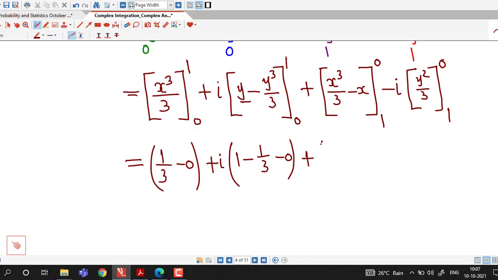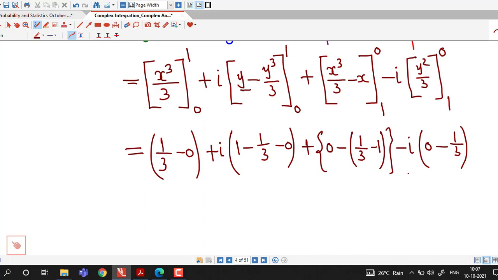Plus in this upper limit is x equal to 0, so for x equal to 0 we have 0 minus, let me write this bracket, and we put x equal to 1, so we have 1 by 3 minus 1, and minus upper limit is y equal to 0, so we have 0 minus 1 by 3.